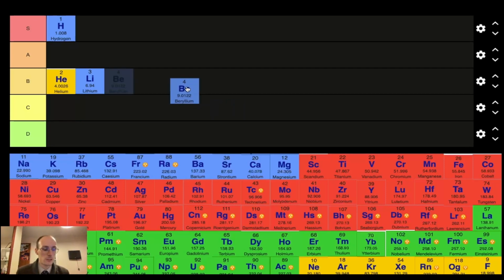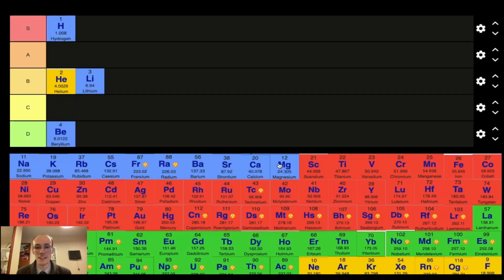So that's a common use of beryllium. Beryllium dust turns out very toxic. In fact, it's so toxic it even has a name, and that is berylliosis. It's a lifelong allergic disease. That's quite bad. Beryllium can go in the D section.